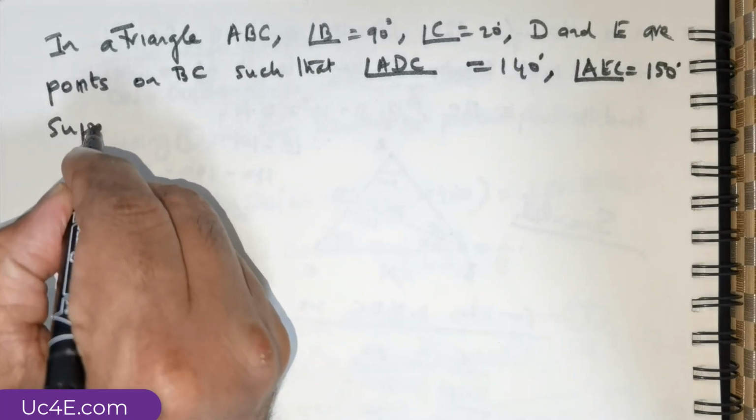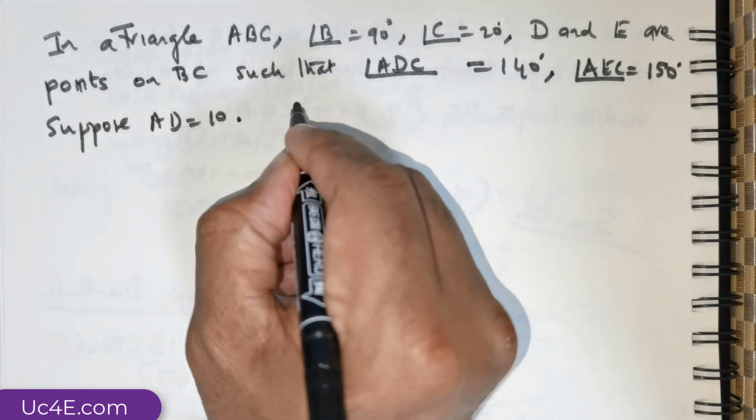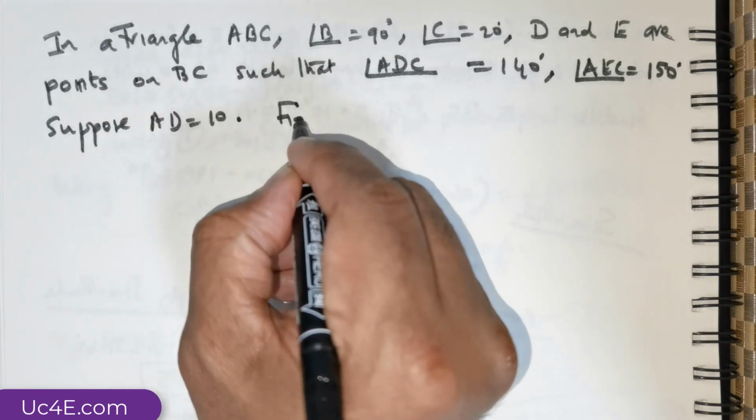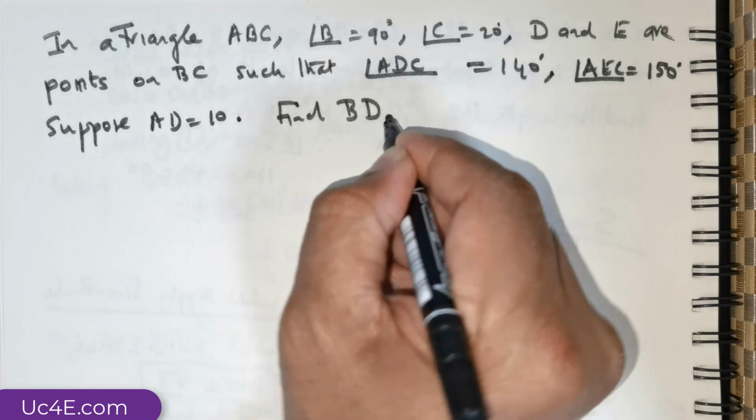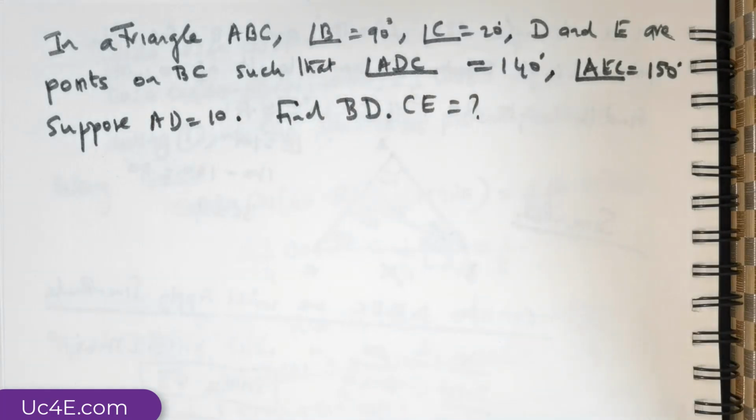Now suppose AD is equal to 10, you are expected to find BD times CE. This is required. Now this is a question which was asked in an international competitive mathematical exam.